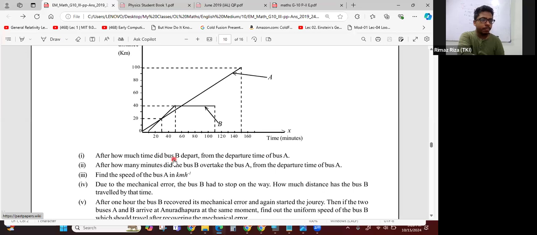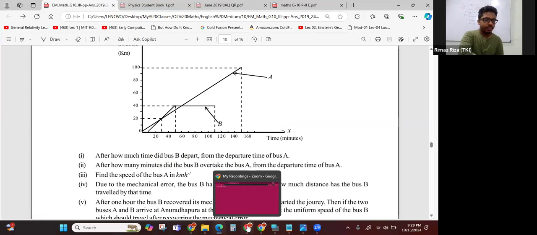After how much time did bus B depart from the departure time of bus A? By the way, I'm quite a bit confused. Departure means starting time or finish time? Wait, hold on.